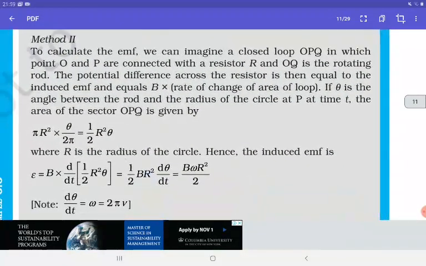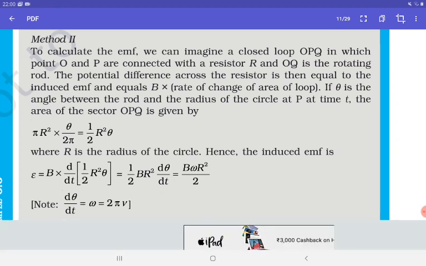And the next is method 2 to calculate the EMF. We can imagine a closed loop OPQ in which points O and P are connected with a resistor R and OQ is the rotating rod. The potential difference across the resistor is then equal to the induced EMF and equals B into the rate of change of area of the loop.